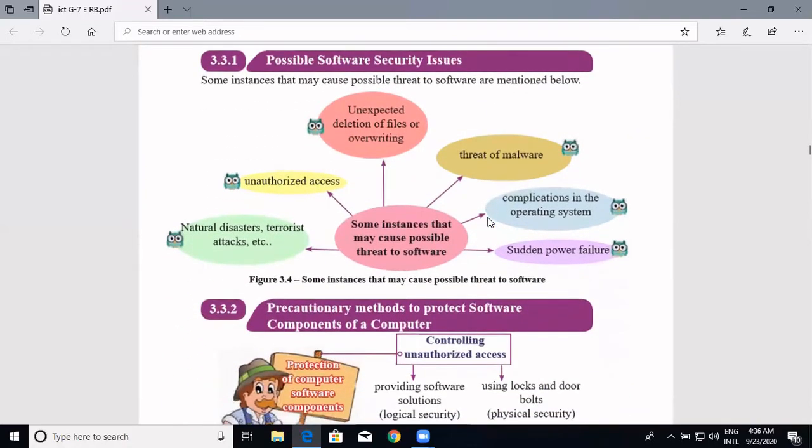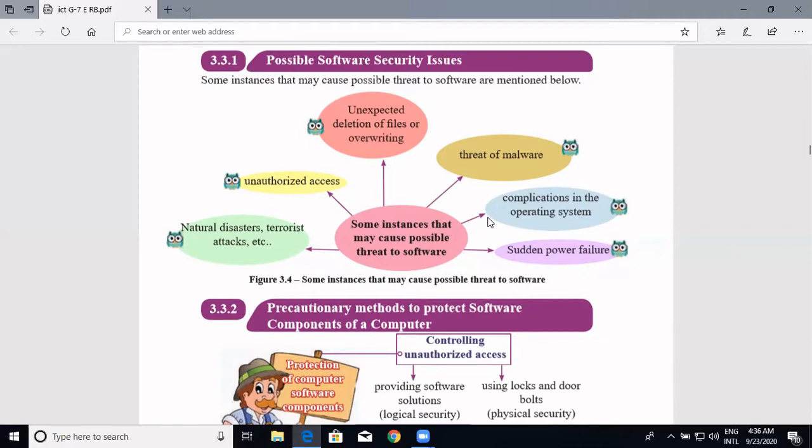So here again, they are talking about different kinds of threats or issues related to software, right? So natural disasters or terrorist attacks can harm your software, right? Not only software itself, even the physical system, hardware can be damaged from natural disasters. And second thing is unauthorized access.